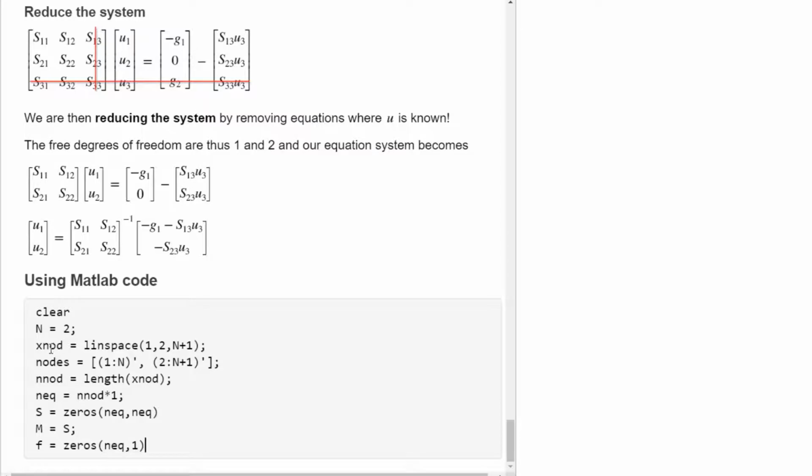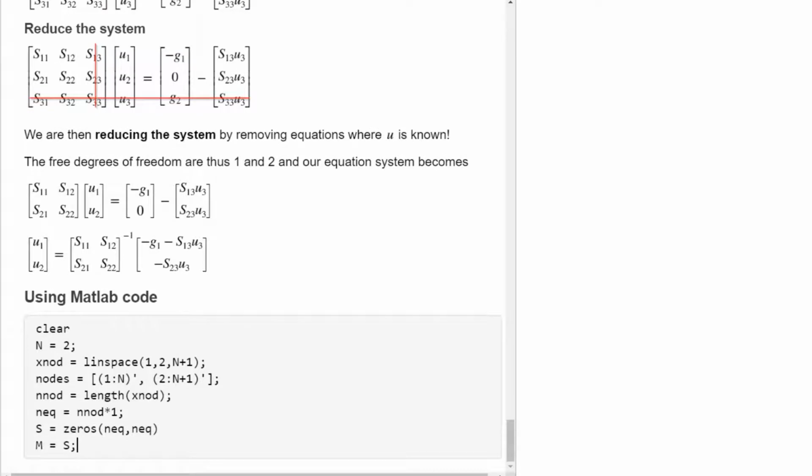We have the same business with the x node and nodes, and the length of the number of nodes and the number of equations. And we have our stiffness matrix, and now we're adding the mass matrix, but it's going to be the same size as S, so we just call it that. We don't really have this, so I'm just going to remove that.